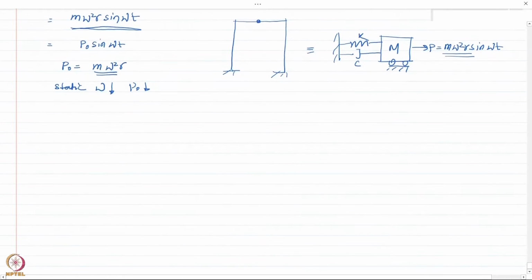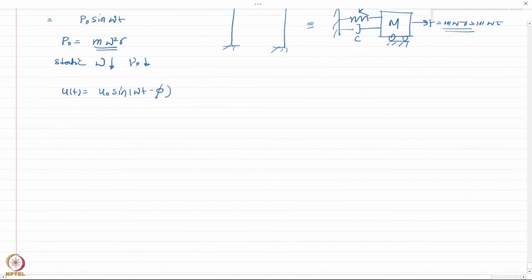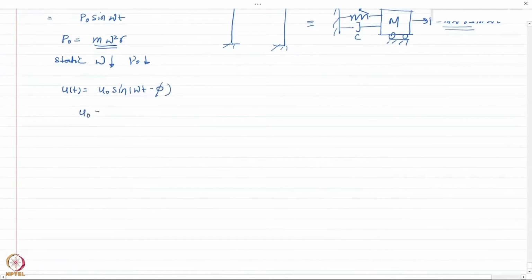In this case, u t would be found out as u naught sine omega t minus phi. Now u naught I can again obtain as R d times the static displacement, which I can further write as P naught by k.